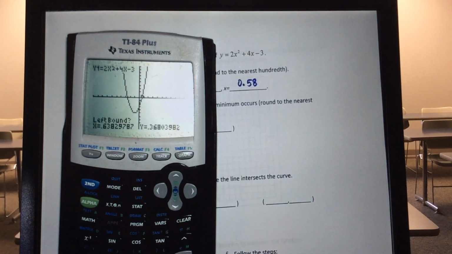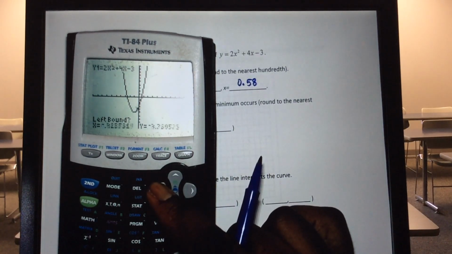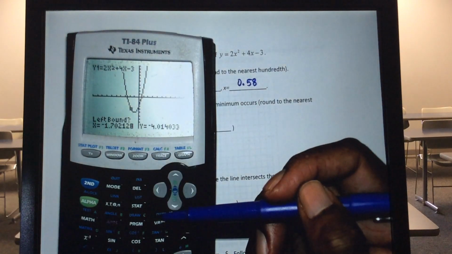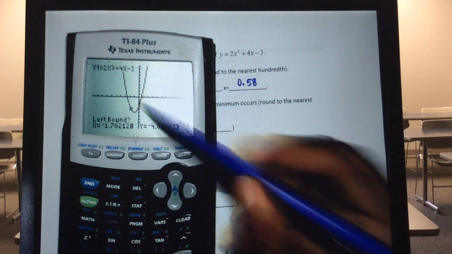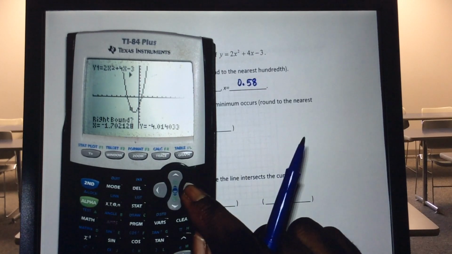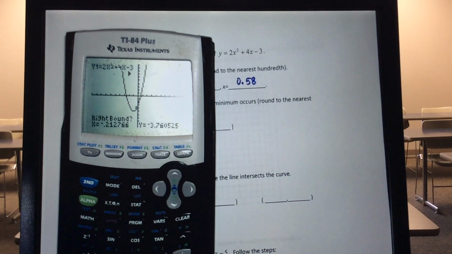And then press enter. Now for left bound, I want the cursor on the left-hand side of the lowest point on the graph. So I'm going to position the cursor on the left-hand side of the lowest point on the graph as you see here. Then I'm going to press enter. Then for right bound, I'm going to use my right arrow key to position the cursor on the right side of the lowest point of the graph. And then press enter. After guess, go ahead and press enter.